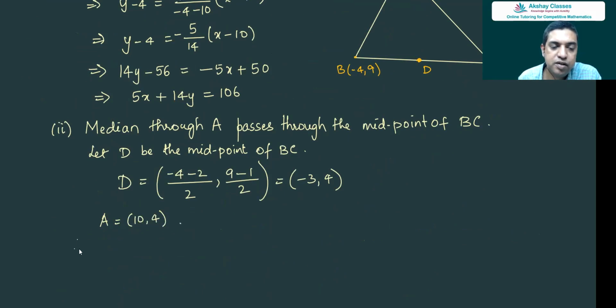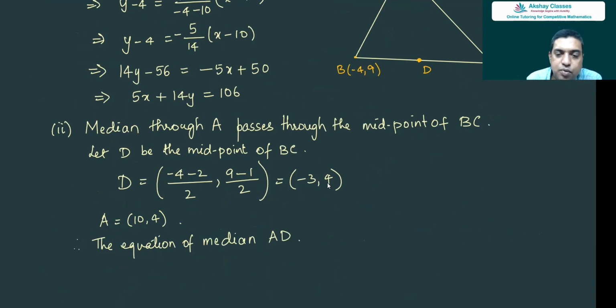So therefore the equation of the median AD: you will see that both y coordinates are 4. So it will be y equal to 4. You don't have to do anything else.